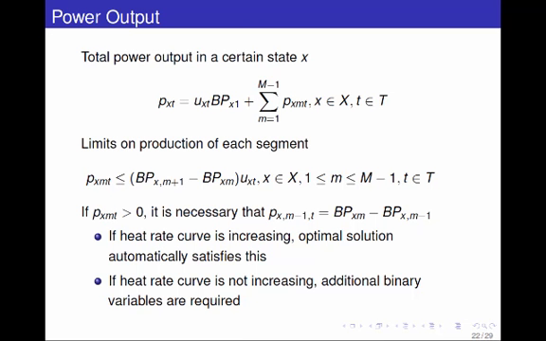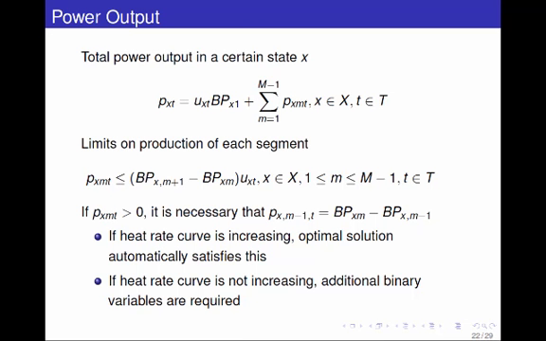Now, how you represent fuel costs. The production at that mode is the first breakpoint plus the contribution from all the other segments. And you have to impose a couple of limits here.